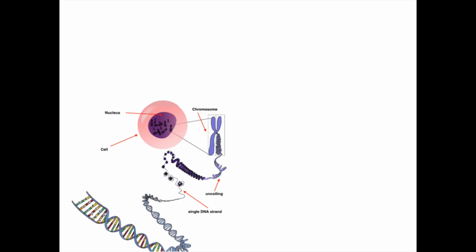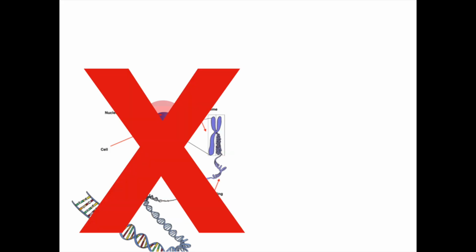What I'm saying here is that is not correct. That is not a good model for a chromosome. The unraveling is too simplistic. It does unravel, but it doesn't explain everything. And in fact, this model is so outdated, it just really needs to be removed from the premises.